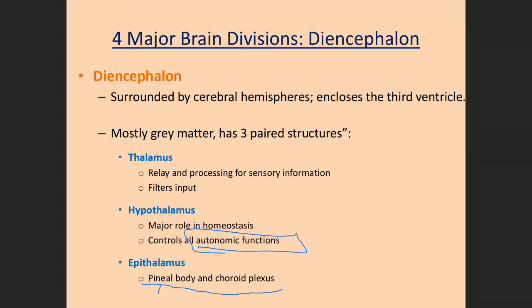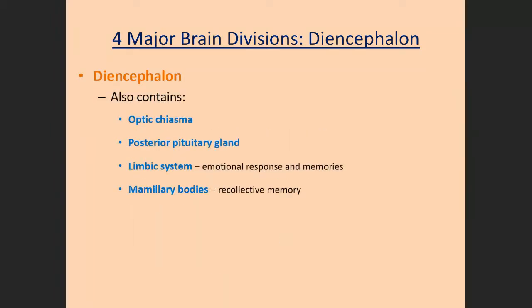Pretty important. It's also going to contain your optic chiasma. So when we're looking at our cranial nerves, the optic chiasma is the area from which exits the optic nerves, which are the ones that run to the eye. And we're going to look at the optic nerve in more detail when we get into the special senses.